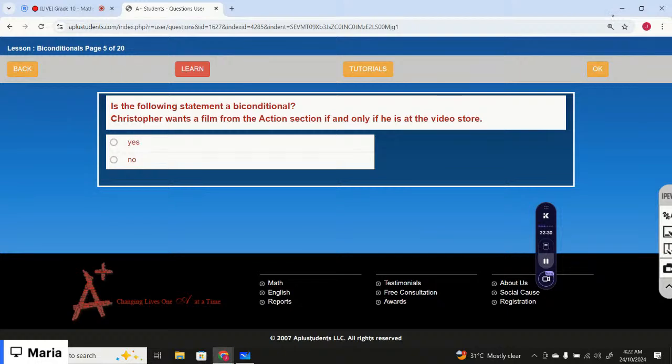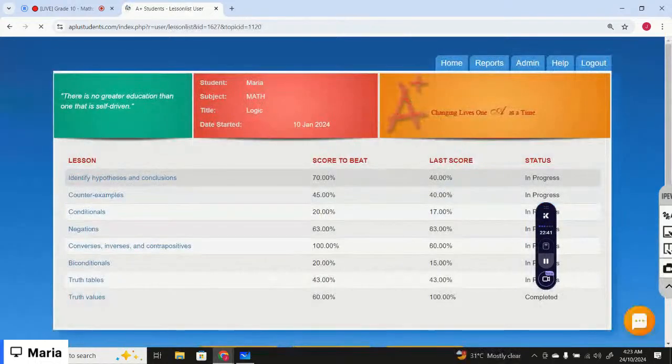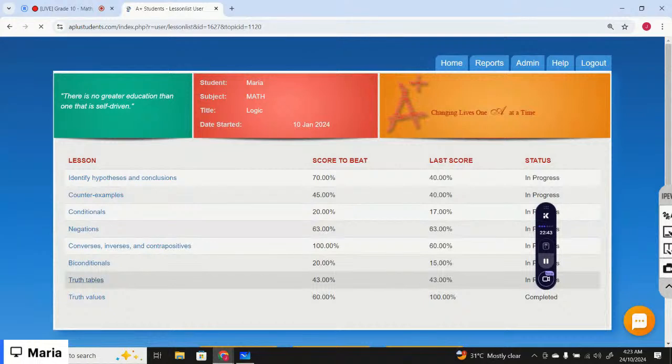Yes, it is a biconditional, right? Okay, you can complete the lesson by yourself later today. Let me just move on to the next lesson. That is, I think, truth tables. Let's just start with the next lesson.